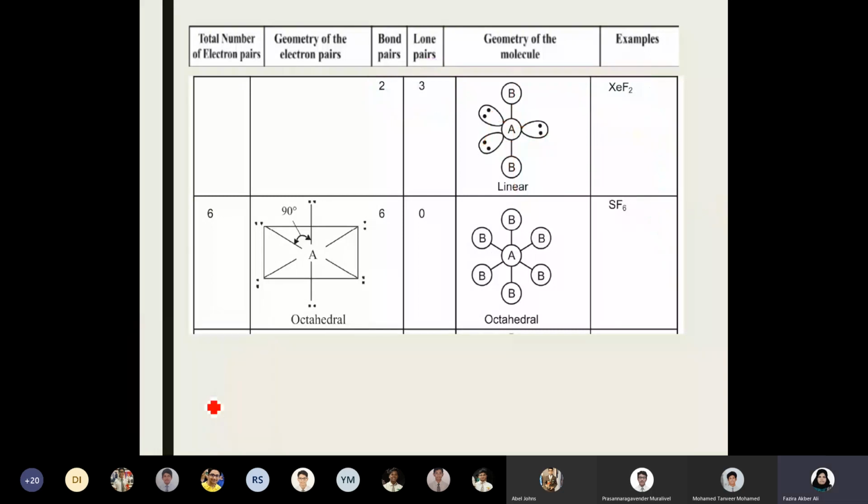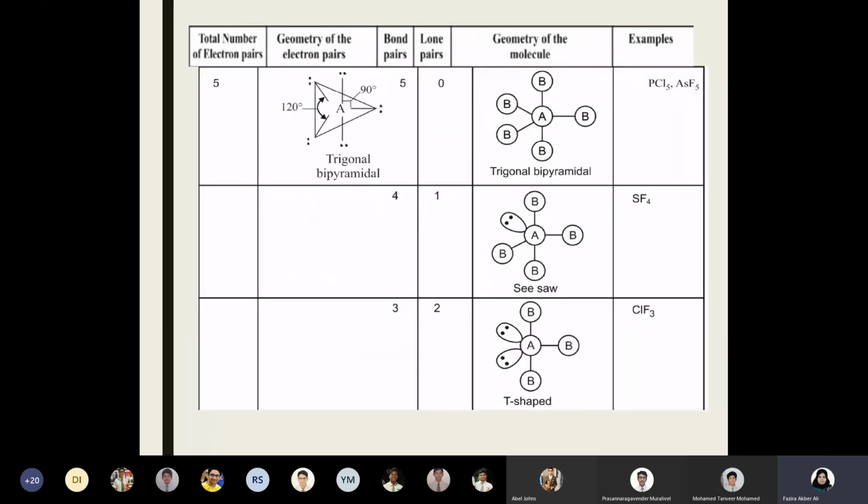So those two were the examples. Now we have only one last set, where the total number of electron pairs is 6. In the other examples from Thursday's class, we started discussing with the total number of electron pairs as 5. We discussed the normal geometry with 5 bond pairs. Then we got SF4, which has 4 bond pairs and 1 lone pair.